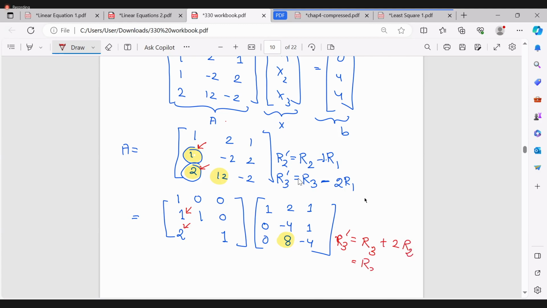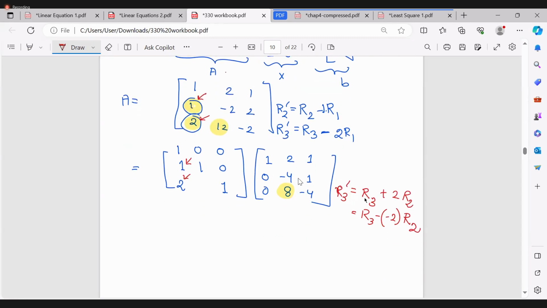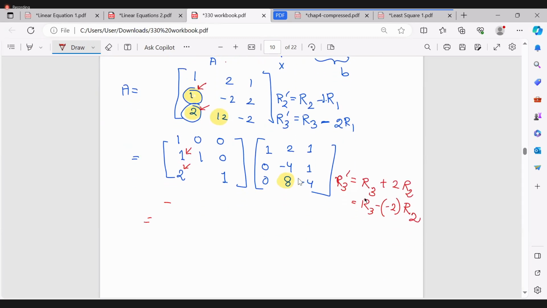Does it make sense? However, you cannot keep it like this. You need to follow some convention. You need to use a minus sign in here. So this is the operation that I need to do. So your lower triangular matrix is now this.